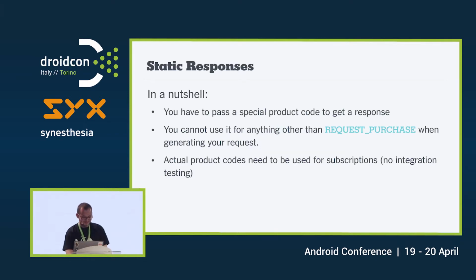In a nutshell, you have to pass specific, special product codes to get a response. Each product code or product ID returns a specific static response. Google provides 4: purchase, canceled, refund, and item unavailable.